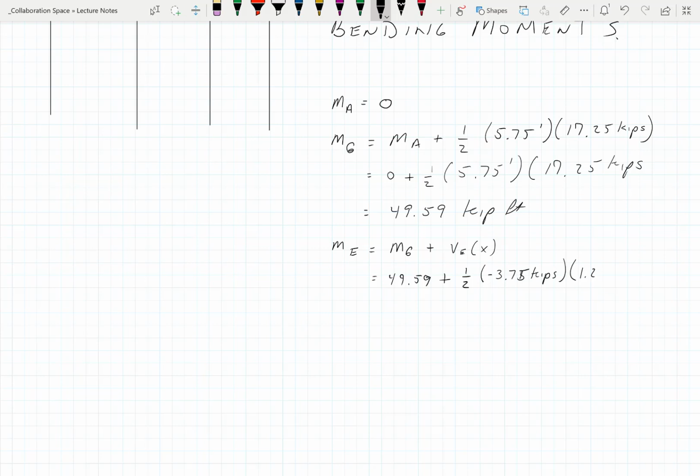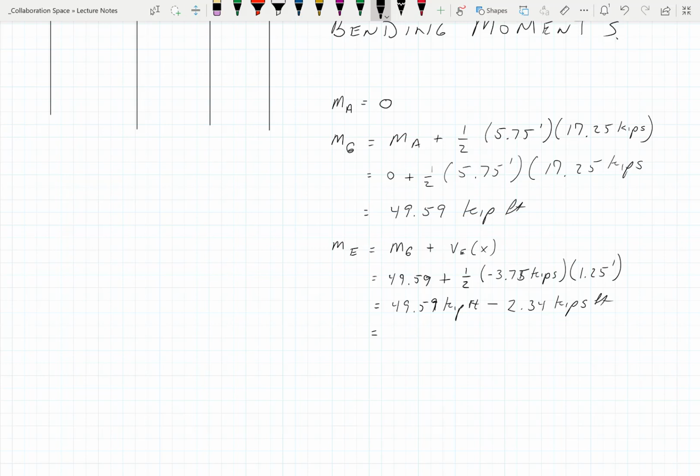And we know it's 1.25 feet. So 49.59 kip feet minus, what's the rest of this? 3.75 times 1.25, divided by 2, is 2.34 kip feet.